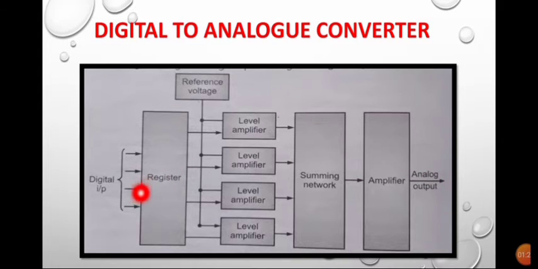This digital input is applied to the register. The register stores that digital input. Here we have the level amplifier. This amplifier converts the digital input into analog form with the help of the reference voltage.